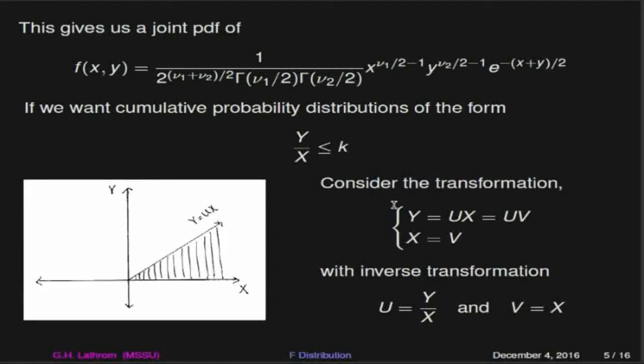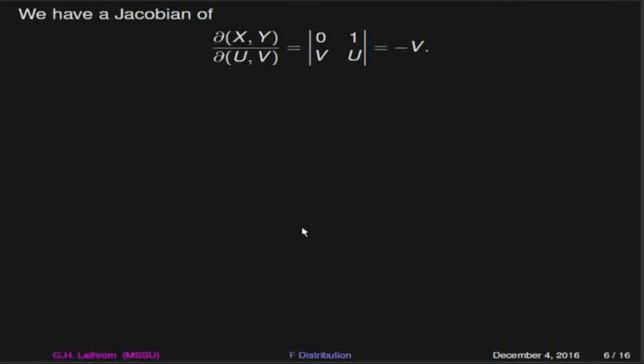Okay, so we'll consider the transformation where we have y is equal to u times x and x is equal to v. So that really the inverse transformation is u is equal to y over x and v is equal to x. Okay. So of course, taking the Jacobian of that transformation, we're going to just have negative v.